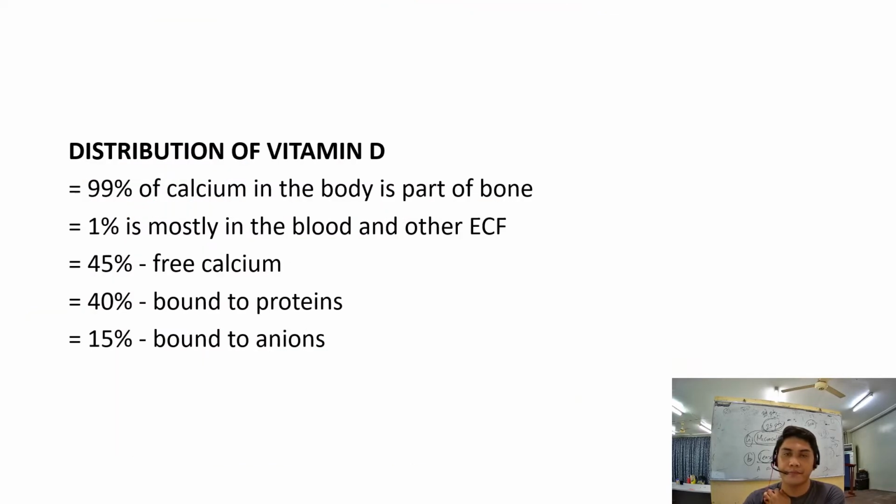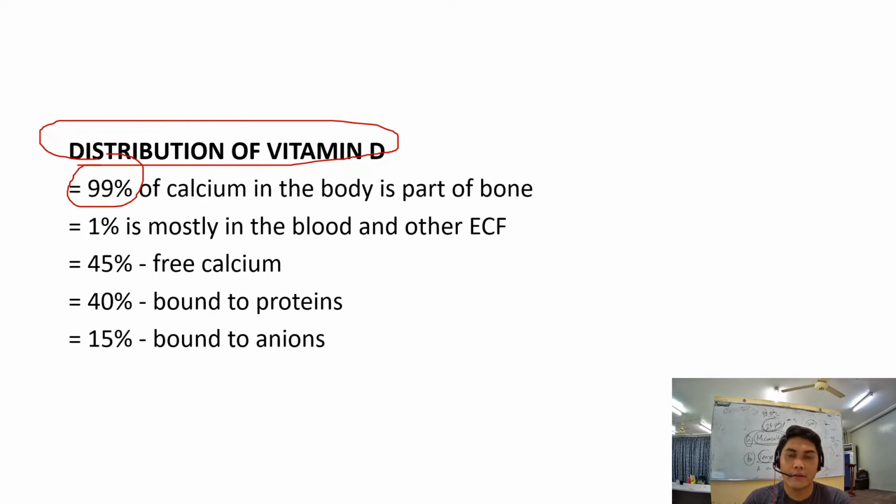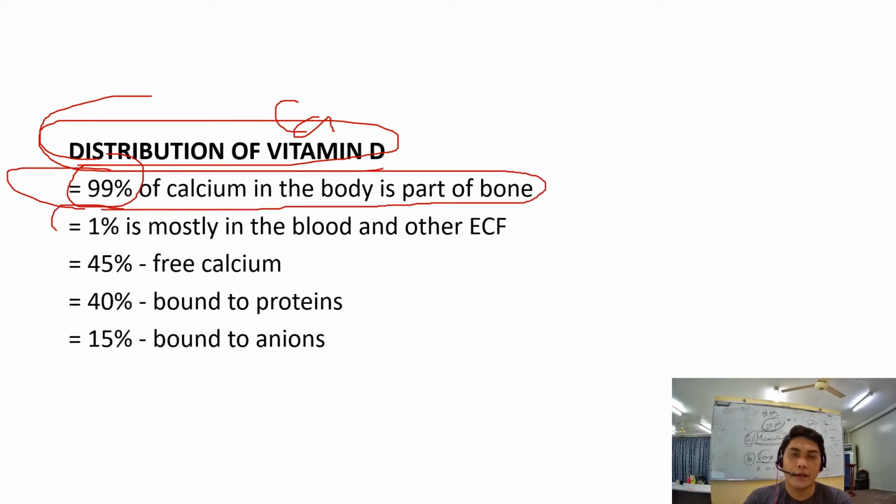Next, the distribution of calcium. 99% of calcium in the body is part of the bone. Only 1% is present in blood and other extracellular fluid.